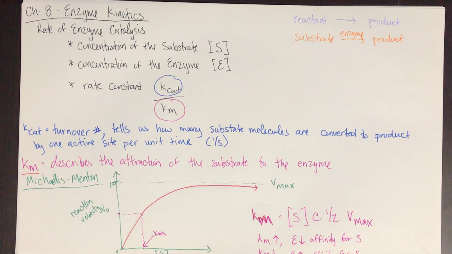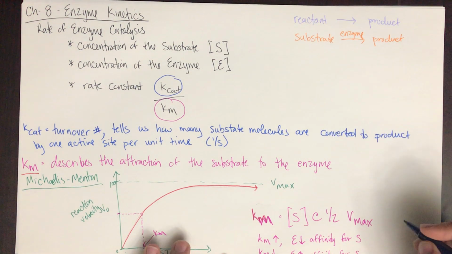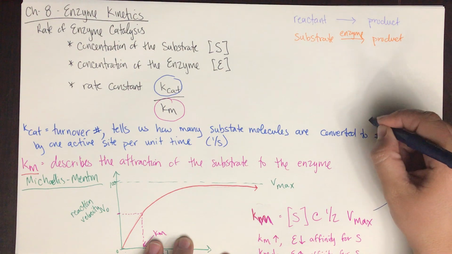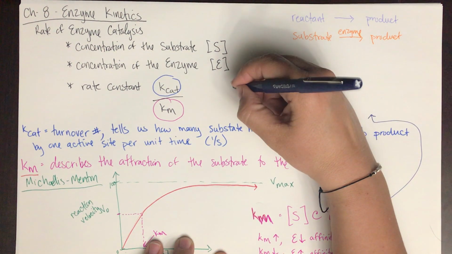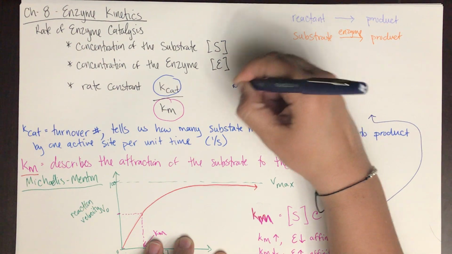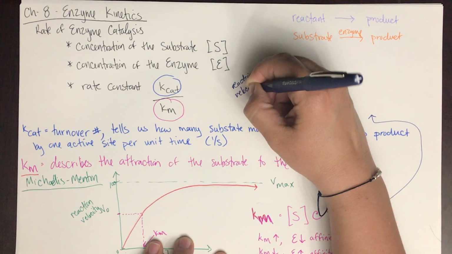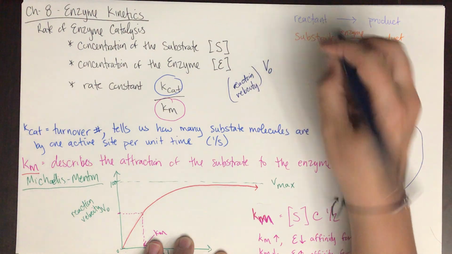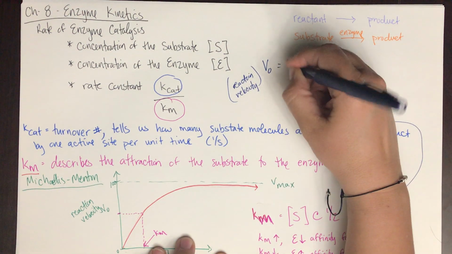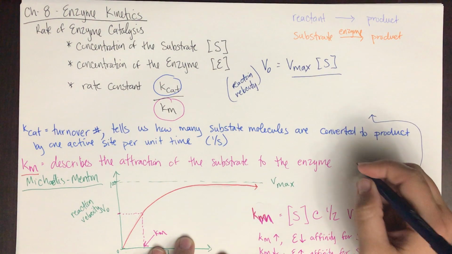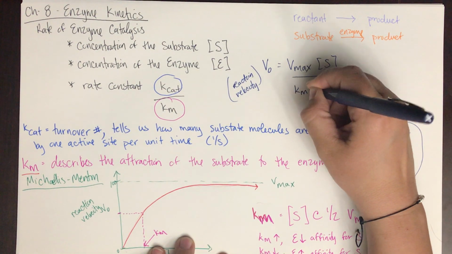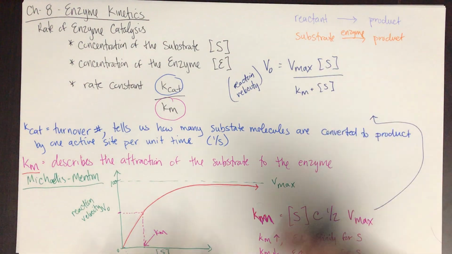Also from this, we can calculate the reaction velocity. I'm going to go ahead and write that up here. The reaction velocity, V naught, equals the Vmax times the substrate concentration over the Km plus the substrate concentration.